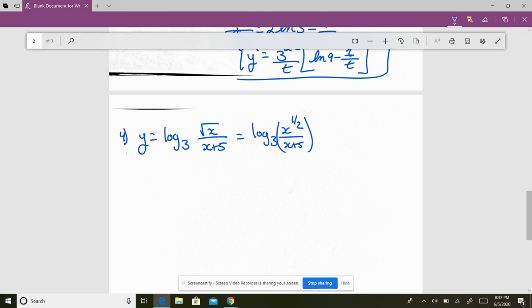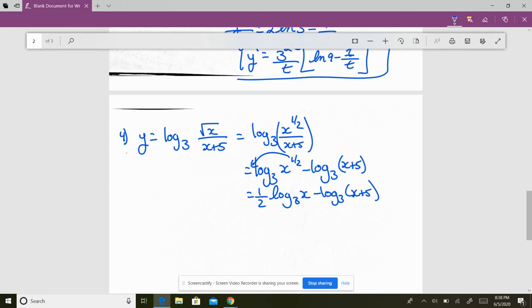And because we're logging it, we can subtract them because they're being divided. So this is actually log base 3 of x to the 1/2 minus log base 3 of x plus 5. Again, logs allow us to drop that down, which is a good thing. We get 1/2 log base 3 of x minus log base 3 of x plus 5. y is equal to all that.